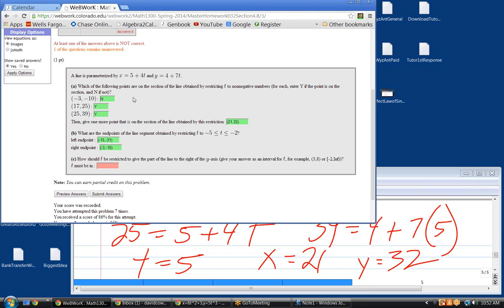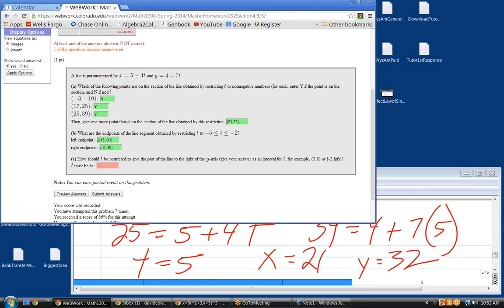And when t was positive numbers only, we were to the right of the y-axis, but maybe it doesn't have to be positive numbers only. In other words, if t is minus 5/4, x is 0. So play around with that for that last part.